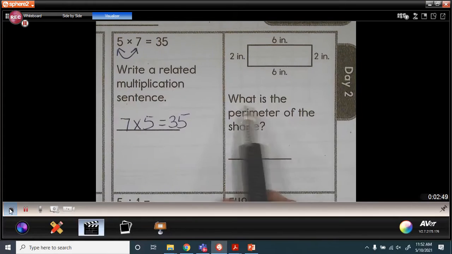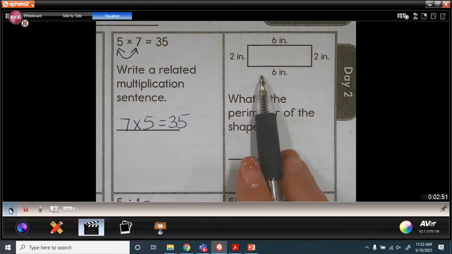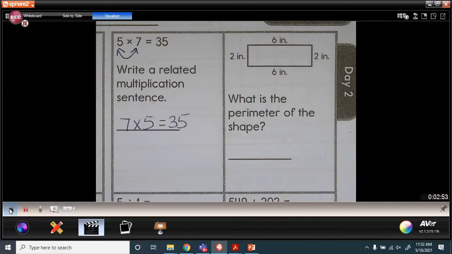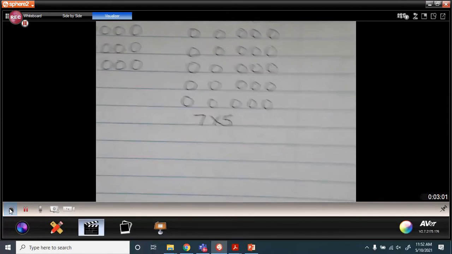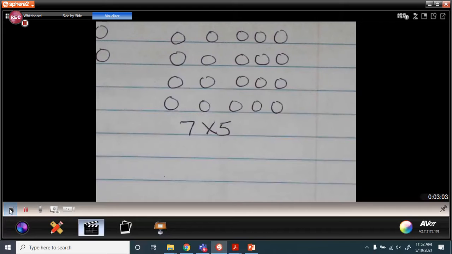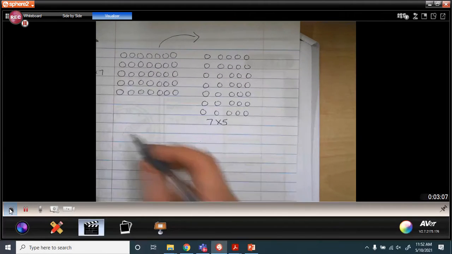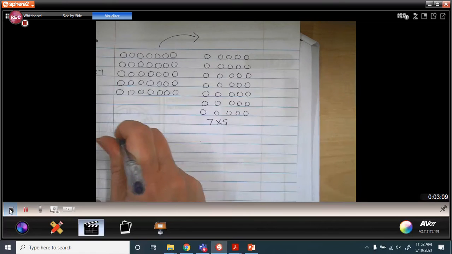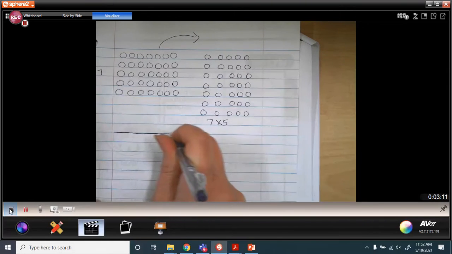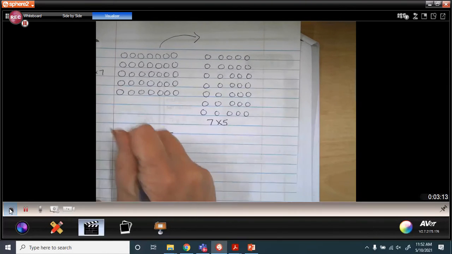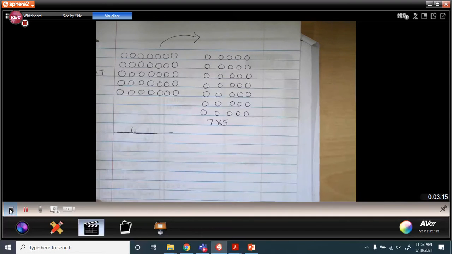All right, what is the perimeter of this rectangle? So a perimeter is what's the length of all the lines in this rectangle put together? So I'm going to just demonstrate for you here. I'm going to zoom out, not in, but out. And every time I draw a line, that is a length. So let's say that length of my line is 6, what did they say, inches?